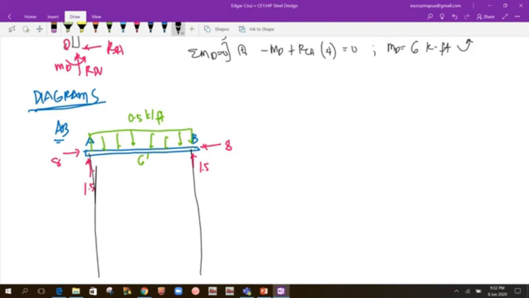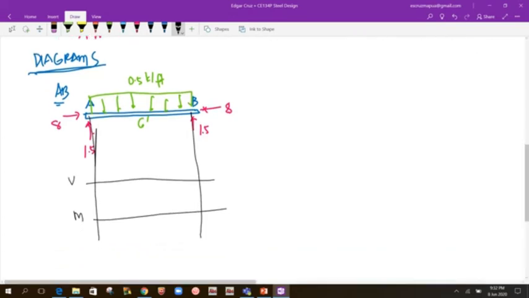So simple lang naman. Okay, so let's start with the shear diagram. Tapos later on we'll have the moment diagram, and yung huling part it would be the axial diagram. Okay, so let's start with the shear diagram.